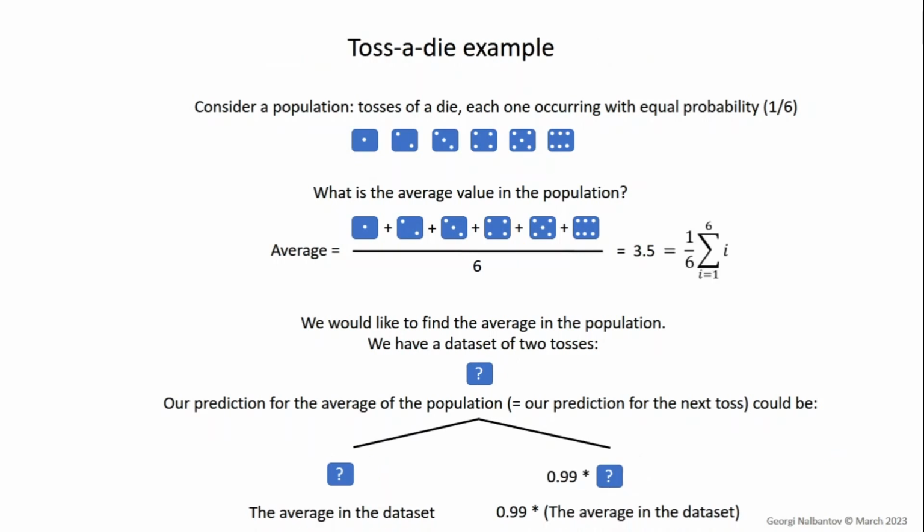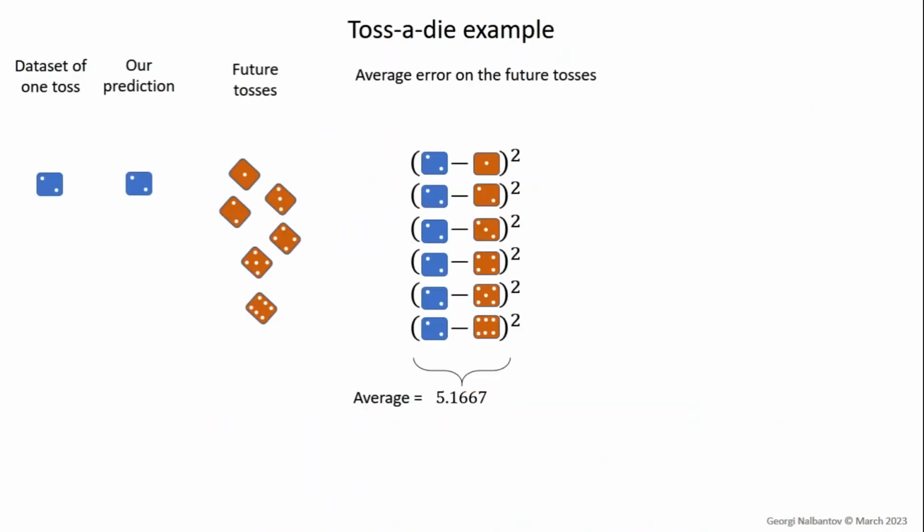The data set consists of just 1 toss. So, for example, if we toss 2, our prediction is the average in the data set, which is 2. Future tosses are from 1 to 6, occurring with equal probability, and the average error on the future tosses is, in this case, 5.1667. We count the error as squared error.